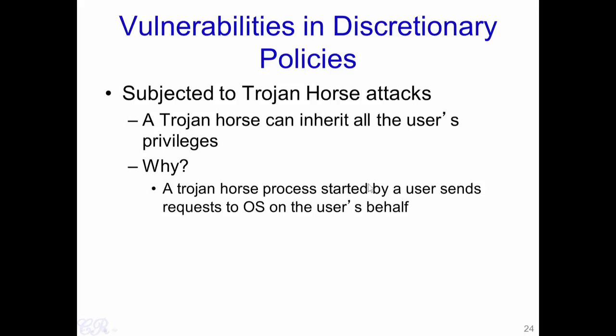So, the Trojan can actually inherit all the user's or all the process's privileges. For instance, if you have a Trojan which is connected to, let us say, a program which has super user privileges to execute or which needs to execute as root, then the Trojan itself would be able to inherit all the root permissions.